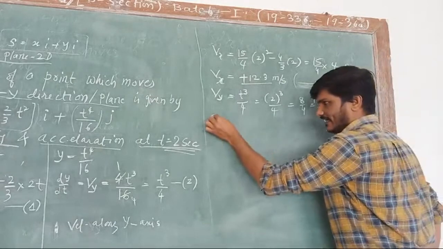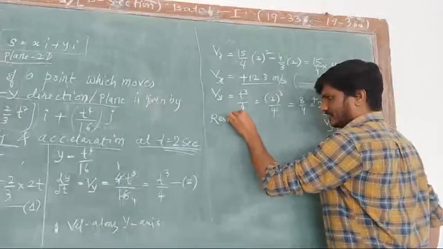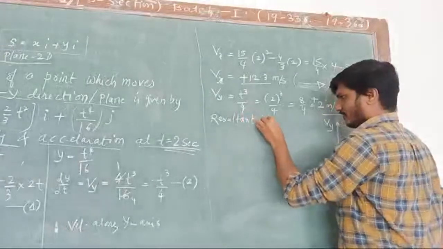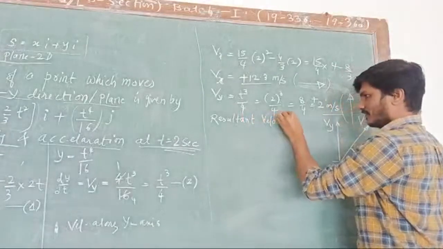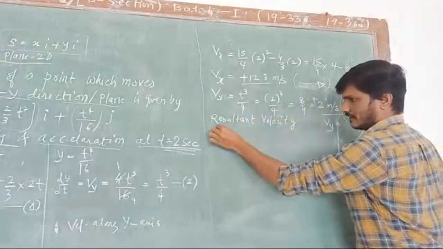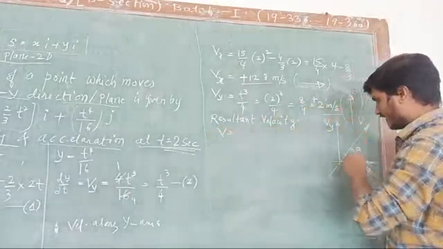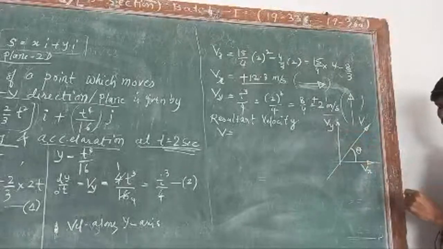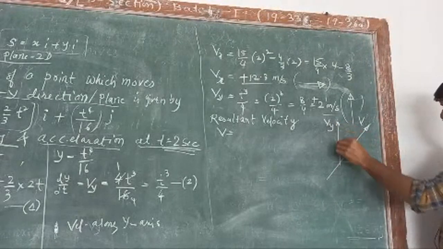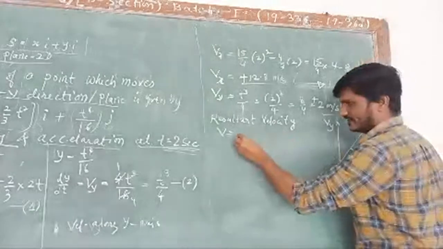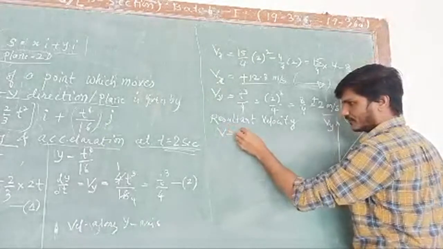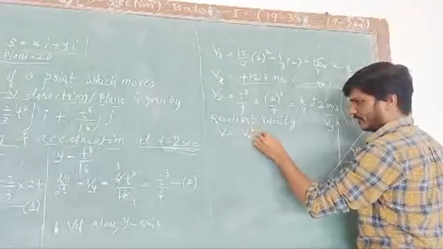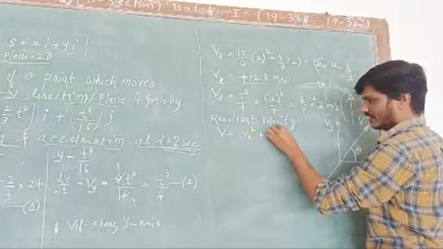So where I can write the resultant velocity V is equal to. Okay, so from this diagram, using the Pythagoras equation, I can write V square is equal to Vx square plus Vy square.